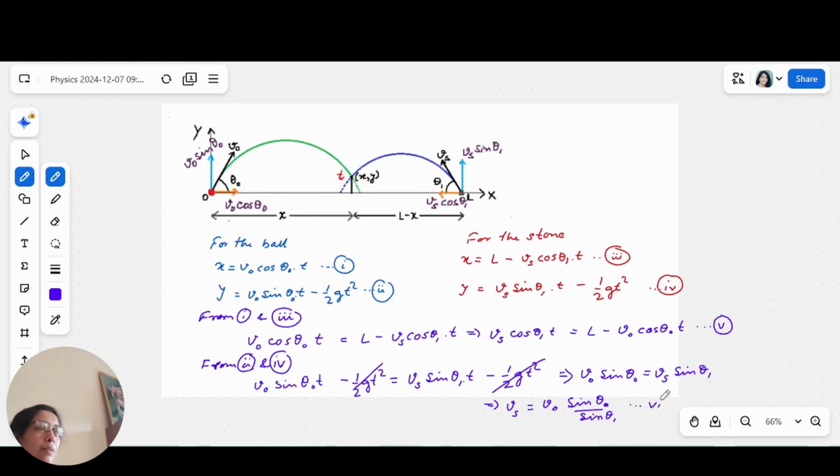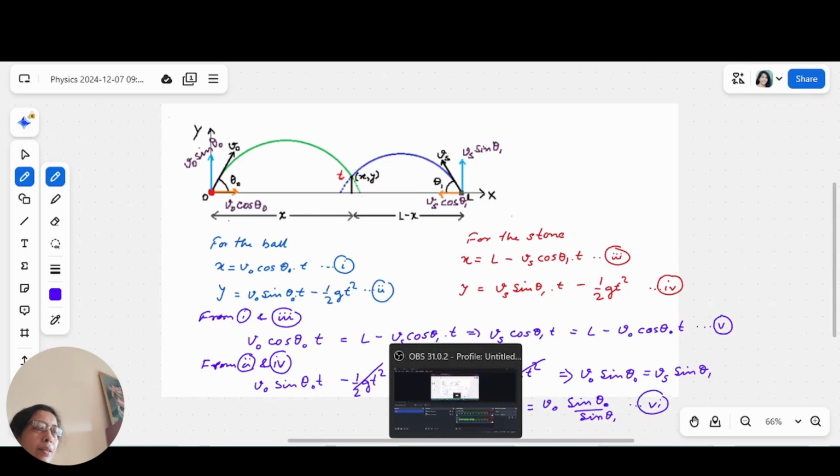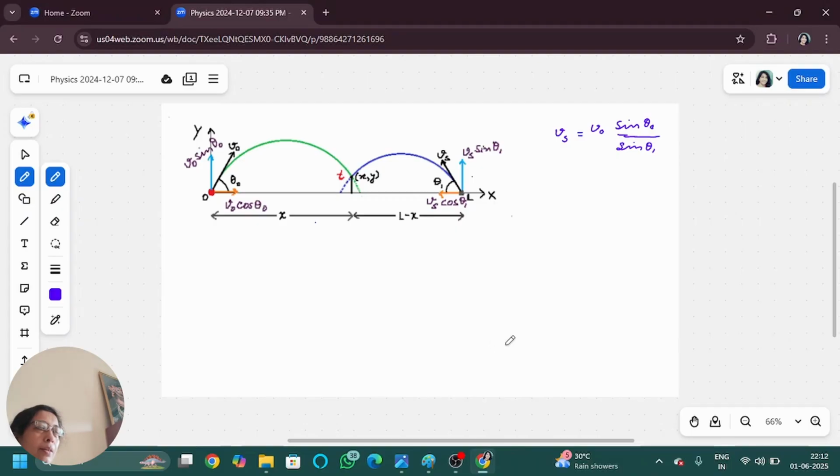So this is equation 6. So we got Vs is equal to V0 sin theta 0 by sin theta 1.